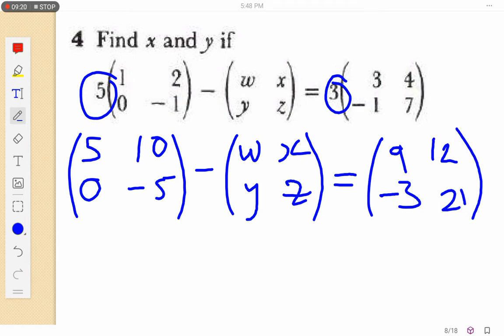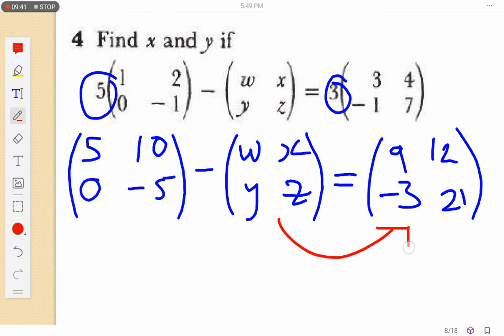Okay, like that. Now we have these numbers. What you can do at this point, you can now get the value of x and y if you want at this point. Or else what we can do, we can shift this matrix.